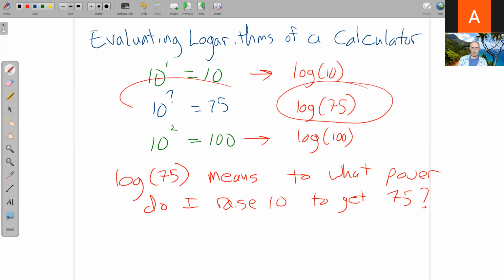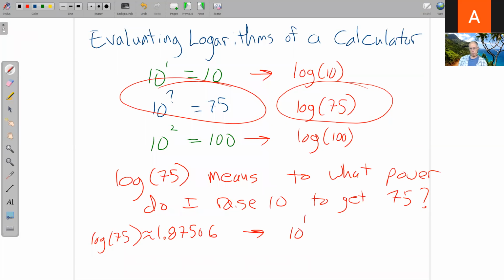Right? That's this right there. 10 to what power is 75? And we found, according to the calculator, that the log of 75 is about 1.87506, which means if we take 10 to the power 1.87506, then we should get pretty close to 75. If we round to the nearest whole number, we got 75.